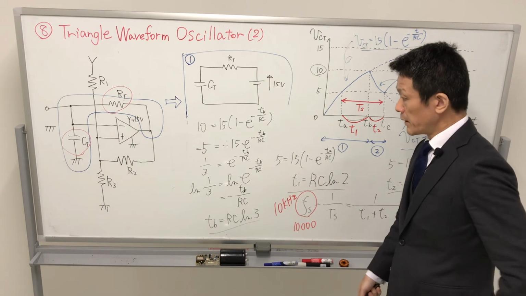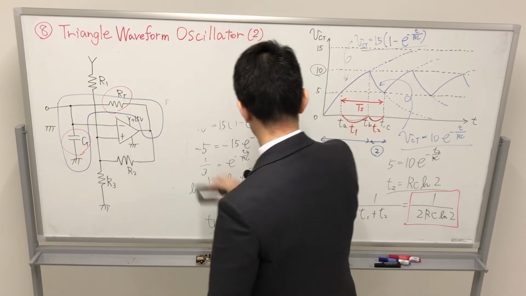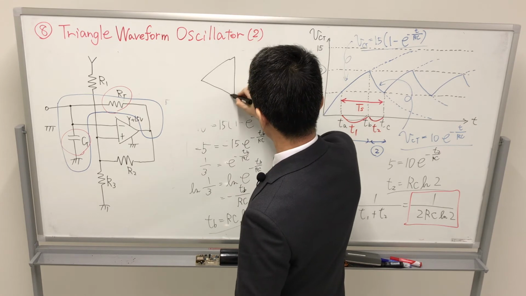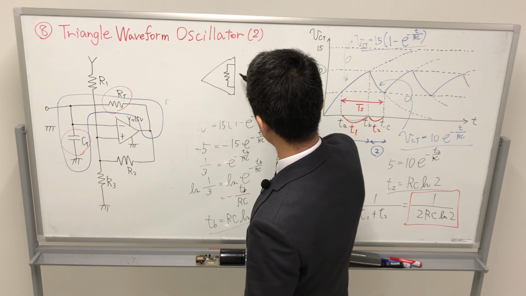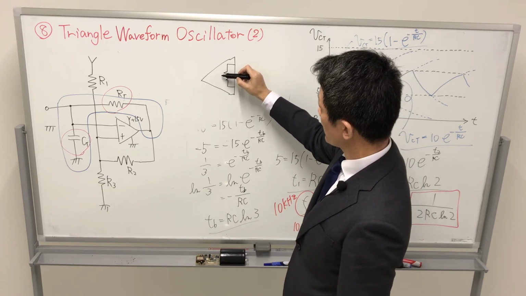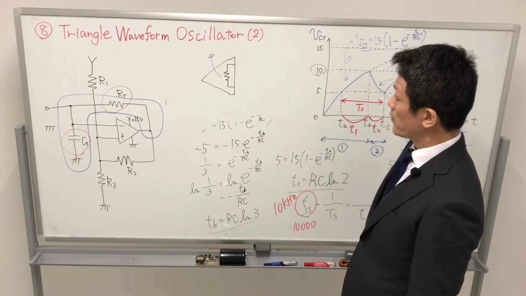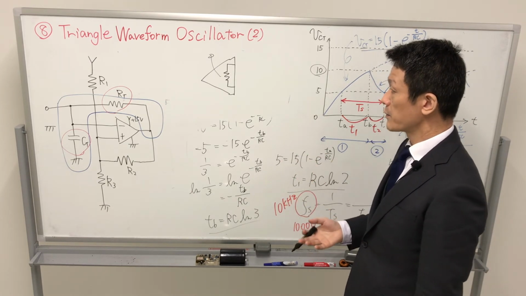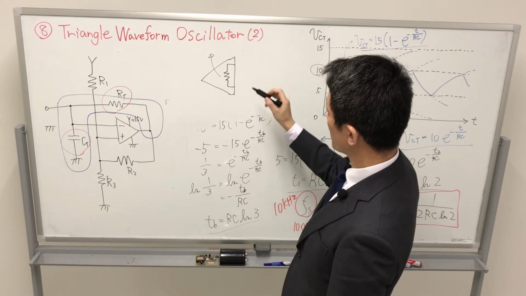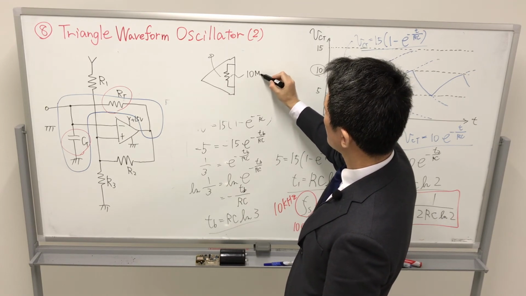However, in the comparator, which has an imaginary short, the input resistance value is infinity in the textbook, but in a real one it is around 10 megaohm or over.